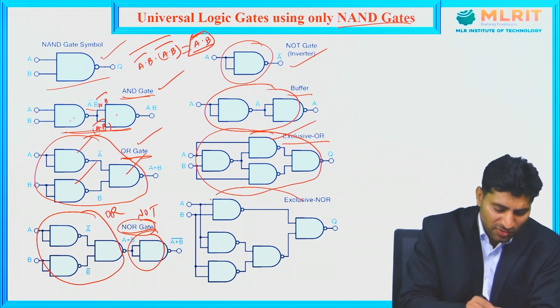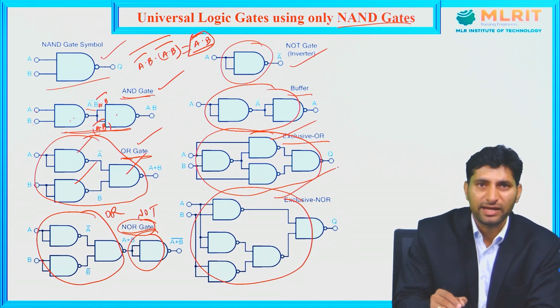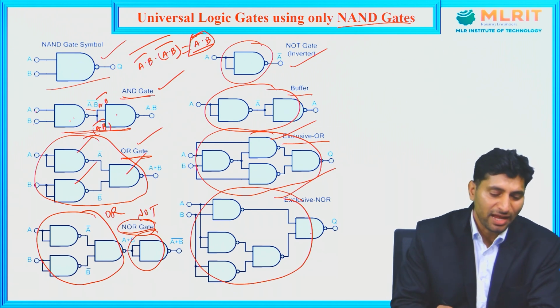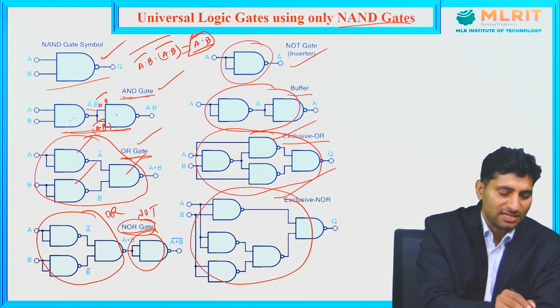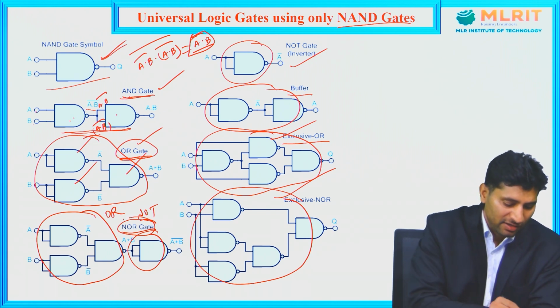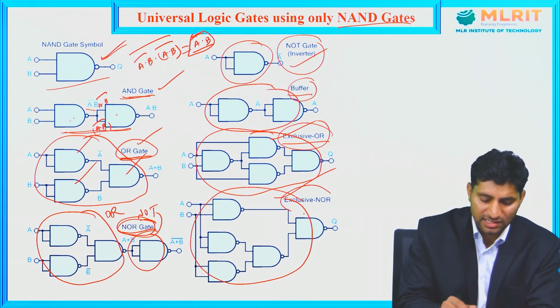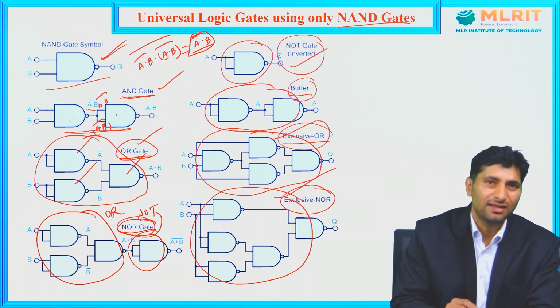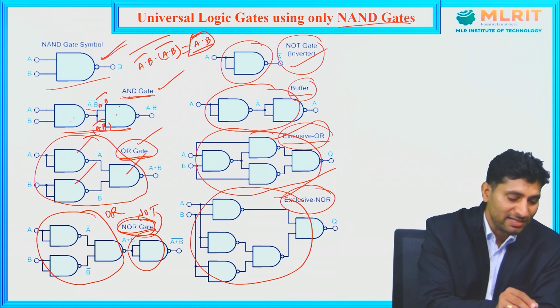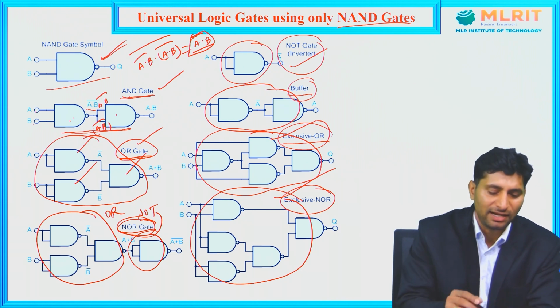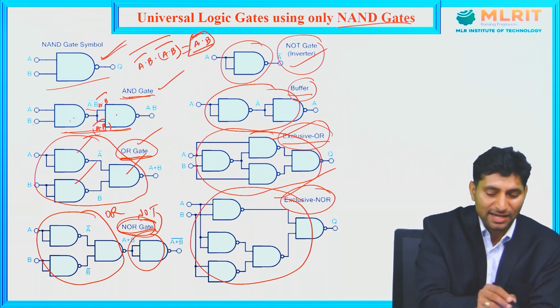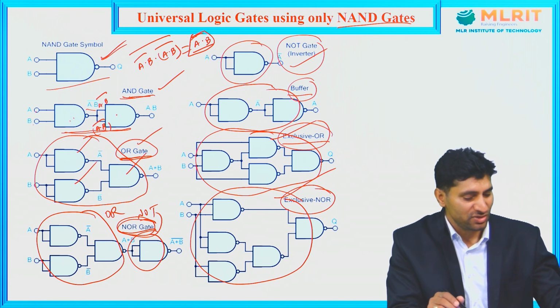And an exclusive NOR logic gate, also I can get it like this. So, any logic gate like AND, NAND, OR, NOR, NOT, buffer, exclusive OR, exclusive NOR, any other logic gates can be implemented using only the NAND logic gate. If you observe here, all are NAND logic gates. So, like this, I can implement any other logic gates using the NAND logic gate.